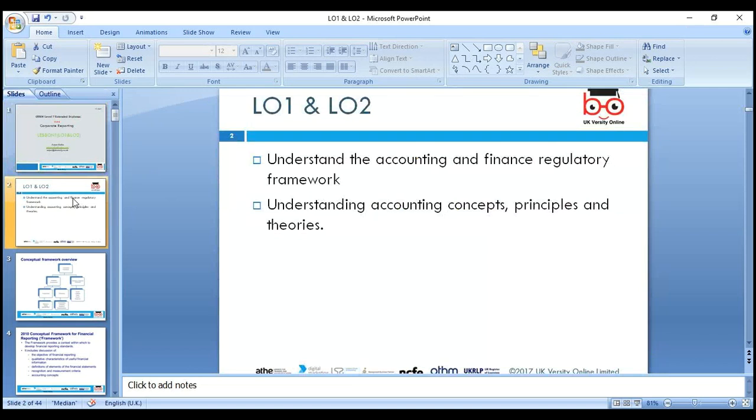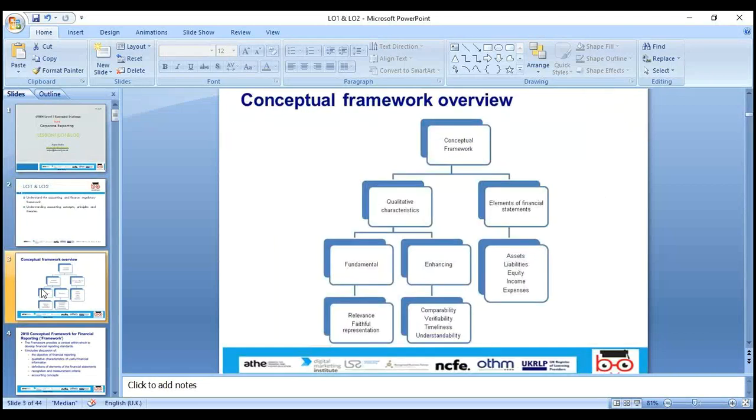Our first learning outcome is to understand the accounting and finance regulatory framework, and to understand accounting concepts, principles and theories behind that. I'll refer you to a good few other theories which you can include when making a conceptual framework.